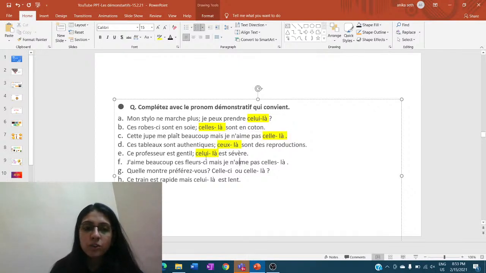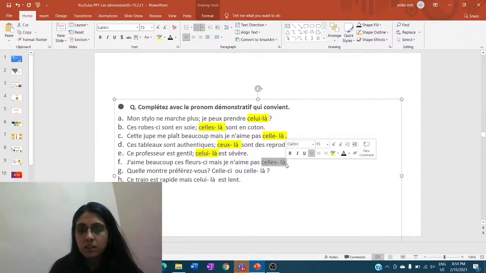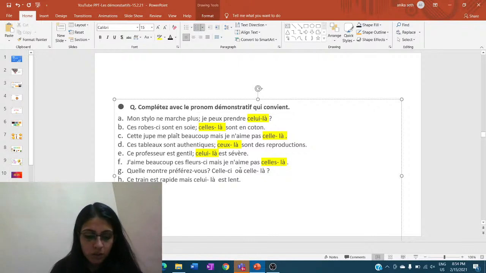So celui replaces professeur, and celui-là, the one there, is strict. J'aime beaucoup ces fleurs-ci, mais je n'aime pas celle-là. Again, celle-là is used to replace fleur because it is feminine.